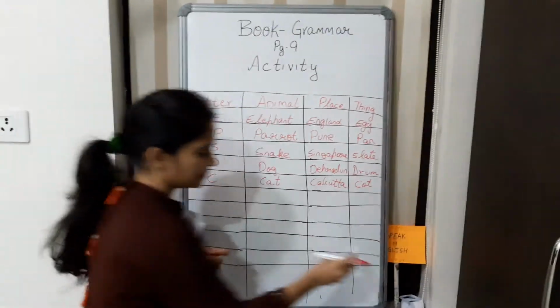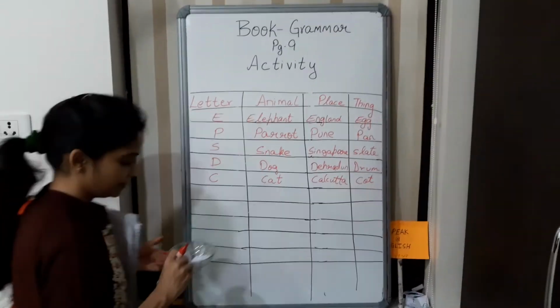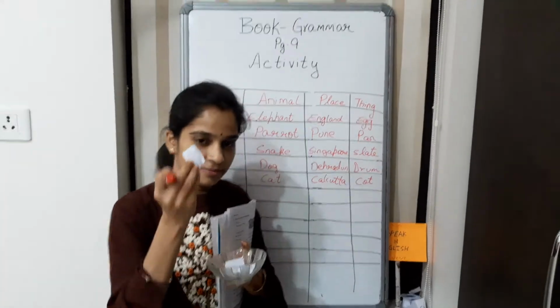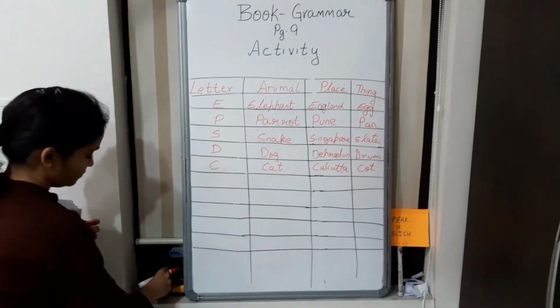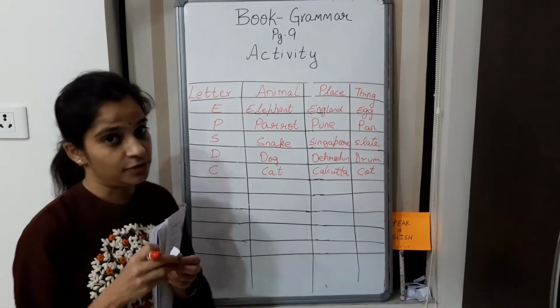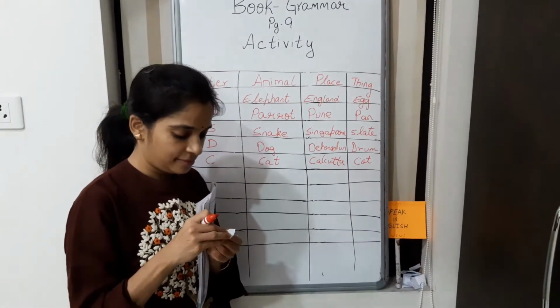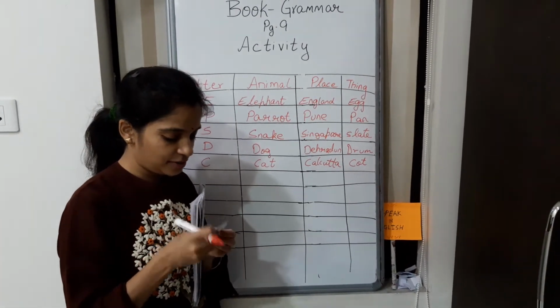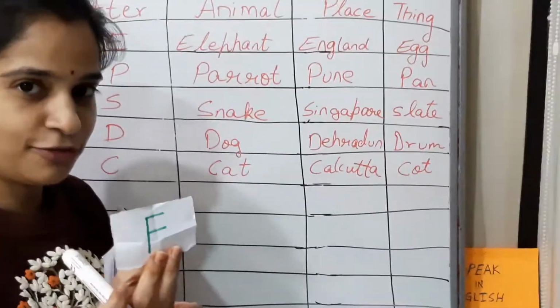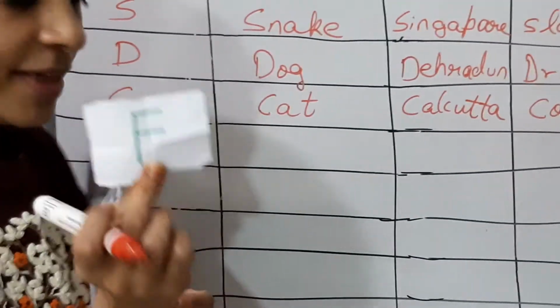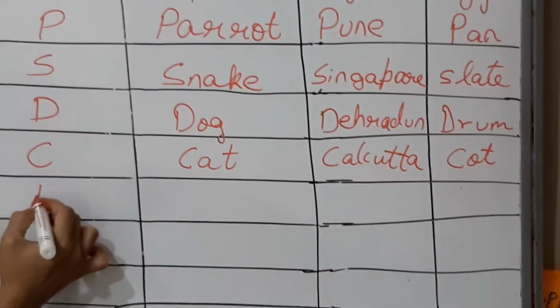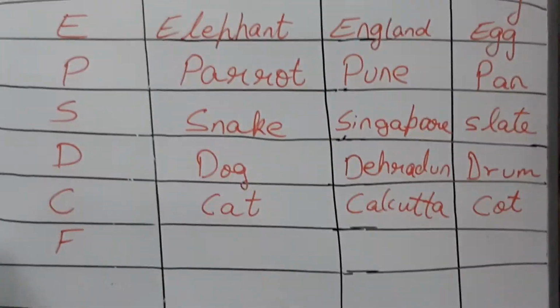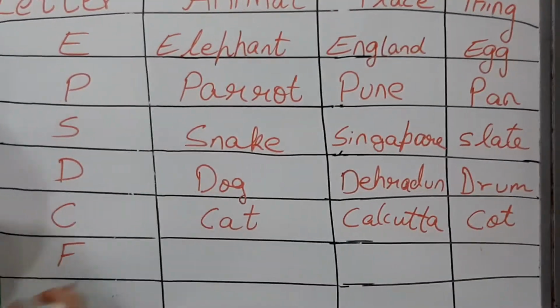Okay, next. Again, see which letter is coming out. We are going to play with 10 letters, okay? Here it's coming out. F. Okay, so write here F. From F, animal, fox.